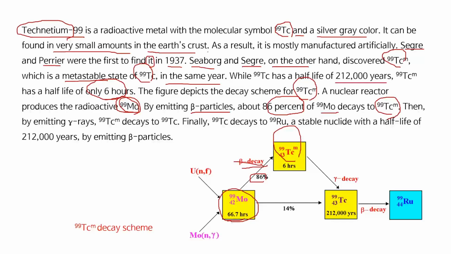Then, by emitting gamma rays, Tc-99m decays to Tc-99. Finally, Tc-99 decays to Ru-99, a stable nuclide, by emitting a beta particle, with a half-life of 212,000 years. So we can use these gamma rays for imaging.